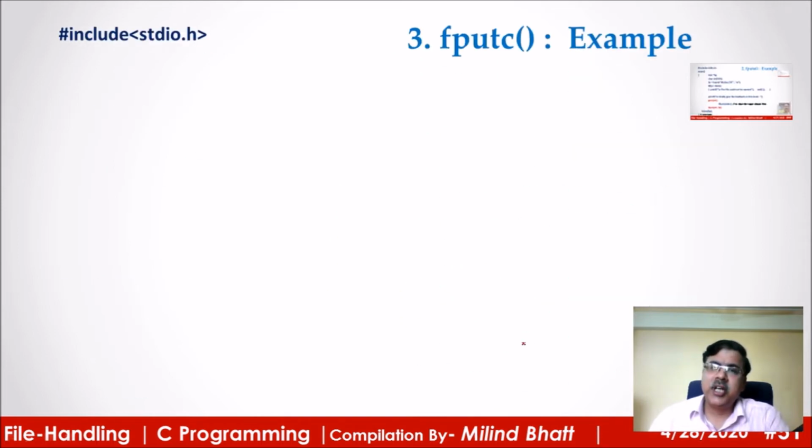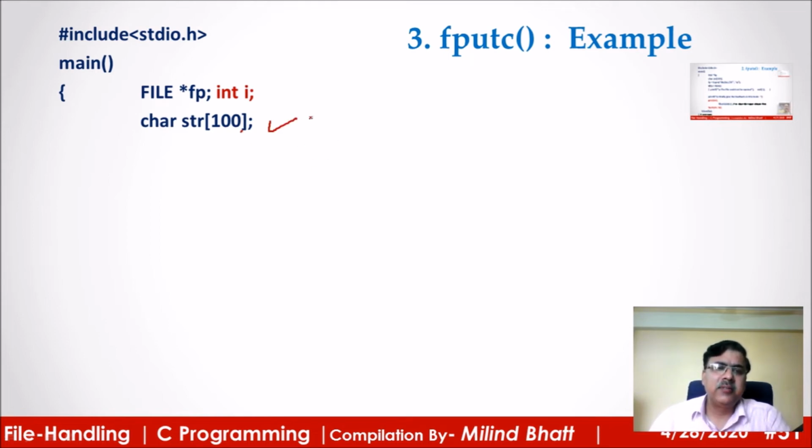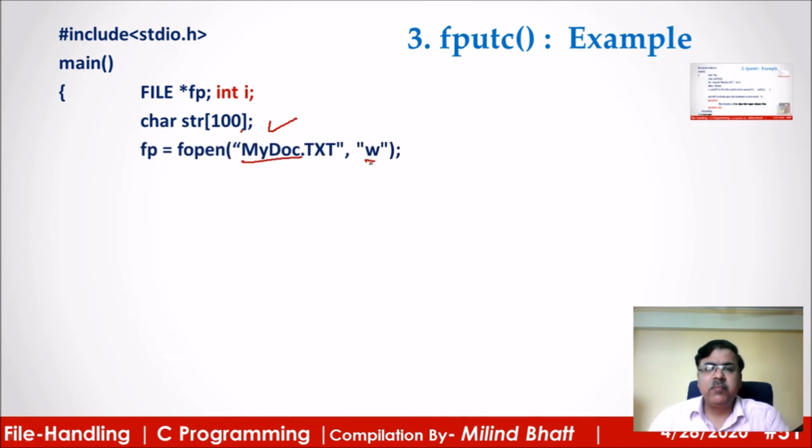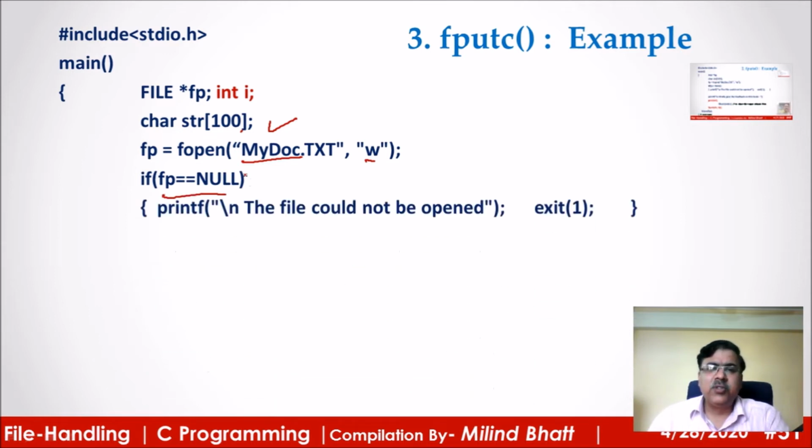Its example: hash include stdio.h, a main, some file pointer. I have taken one integer variable i. There is a string to hold some data. Try to open one file in write mode. Check whether the file is openable or not.